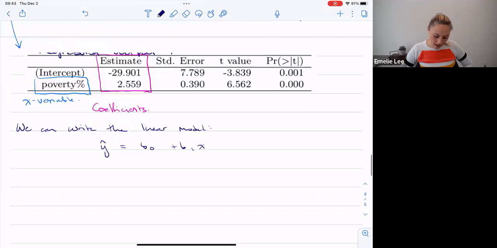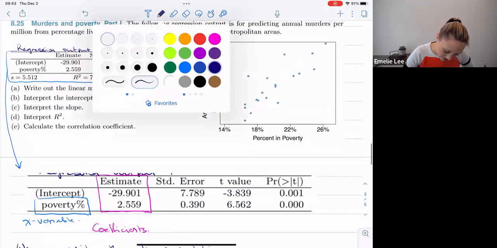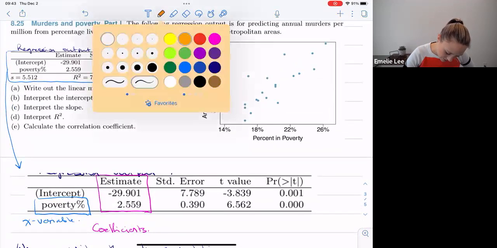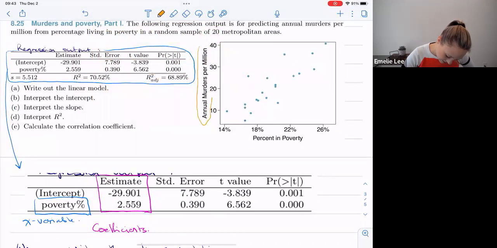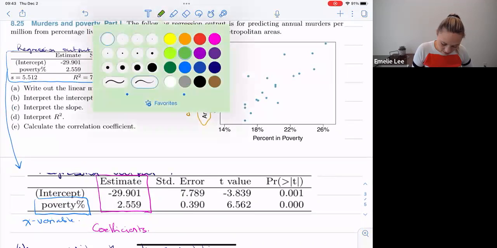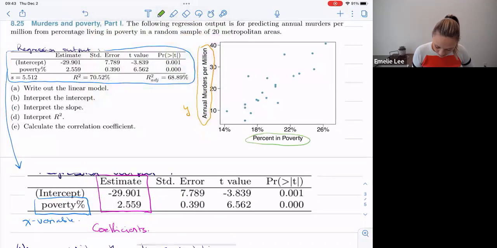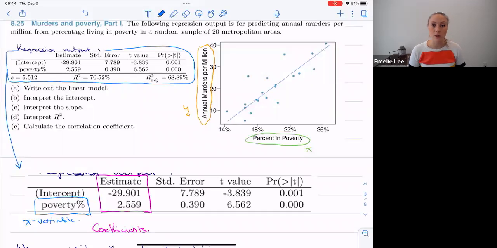But our y, remember our y is, and maybe I'll use orange instead, this is our y variable, and the percent in poverty is our x variable. Just looking at my graph, looking at the x-axis, looking at the y-axis, that's the easiest way to do it. And what am I expecting to see? I'm expecting to see this relatively strong linear relationship, maybe fitted something like that.